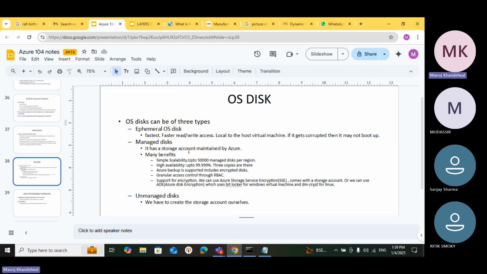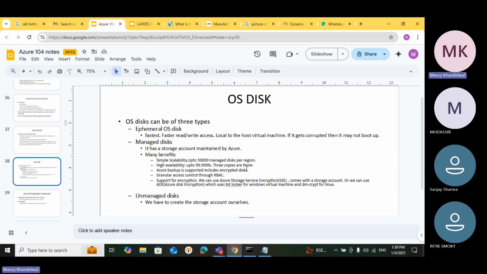So here, see, managed disk is the most suitable one because it has a storage account maintained by Azure. And it has many benefits like scalability, up to so many managed disks per region, right? High availability: 3 copies are there. That means it will not fail easily.